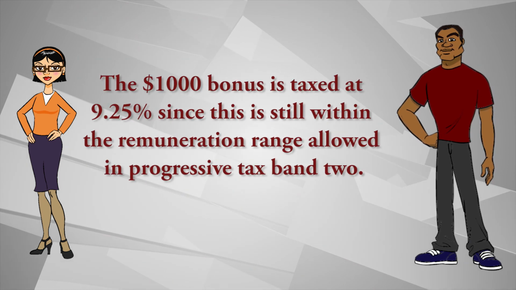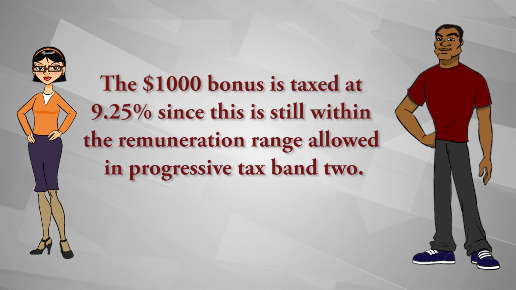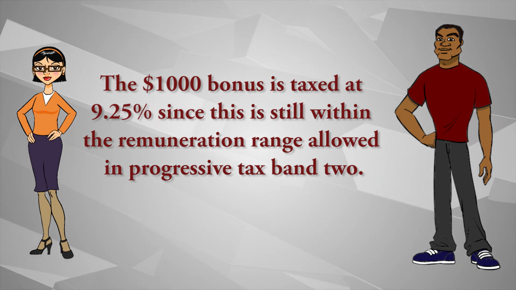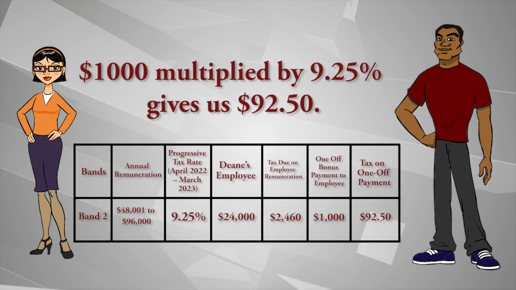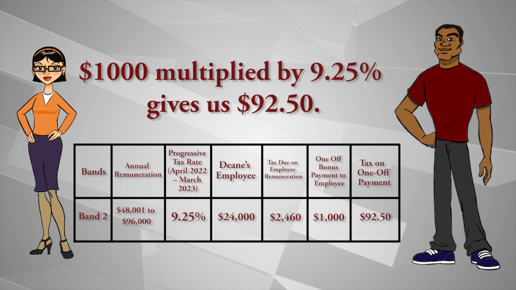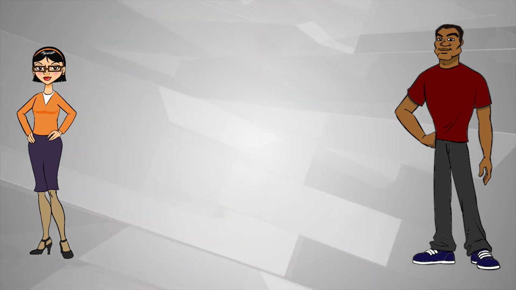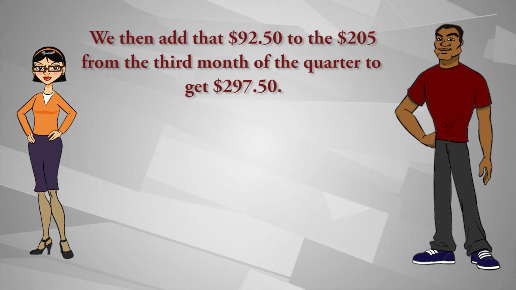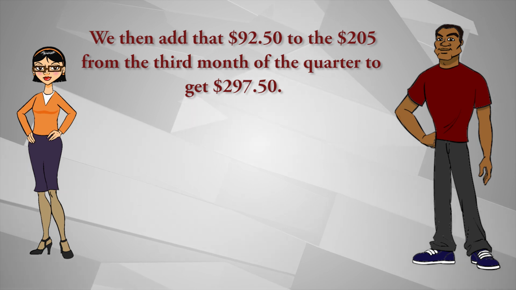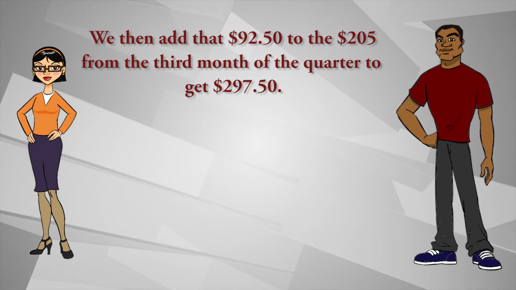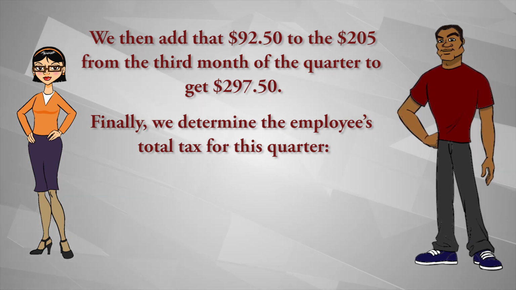The $1,000 bonus is taxed at 9.25%, since this is still within the remuneration range allowed in Progressive Tax Band 2. $1,000 multiplied by 9.25% gives us $92.50. We then add that $92.50 to the $205 from the third month of the quarter to get $297.50.